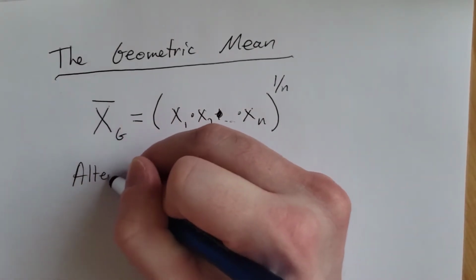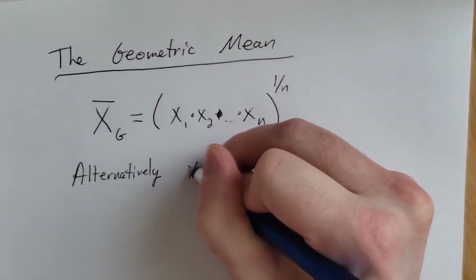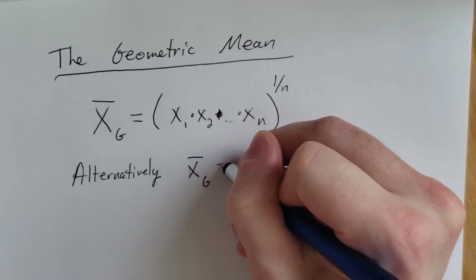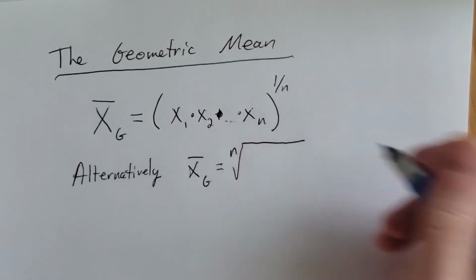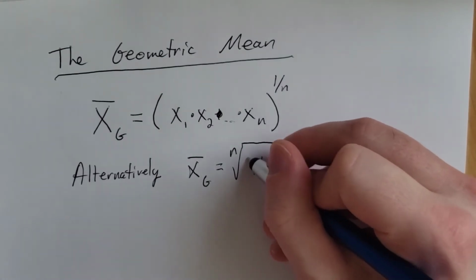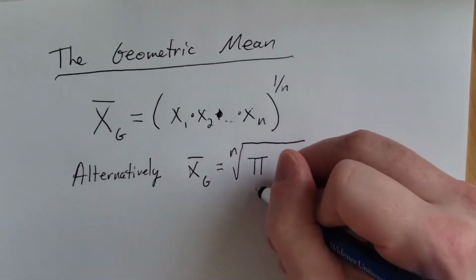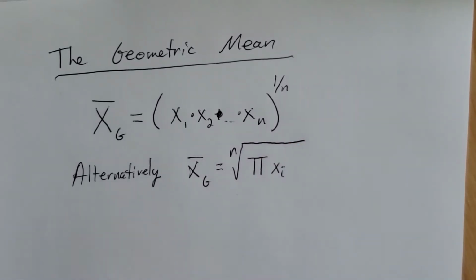Alternatively, we can write this out as the nth root of, and just like we had a summation symbol, there is a symbol for a product, which is capital Pi instead of the capital sigma.